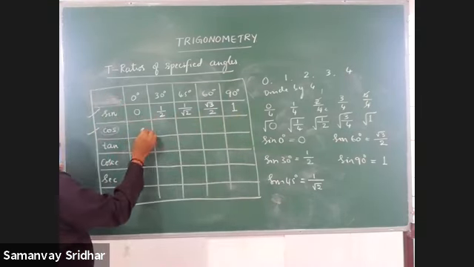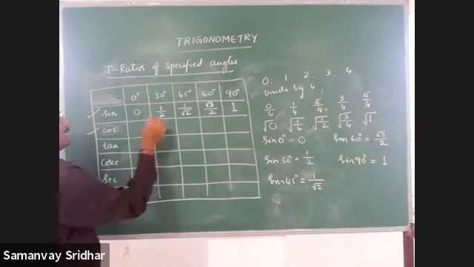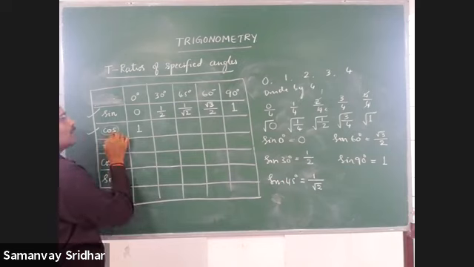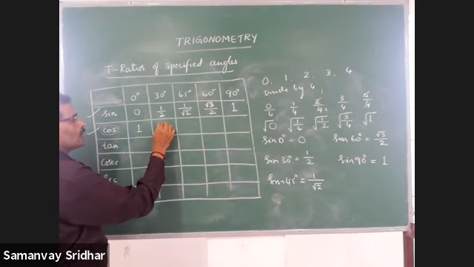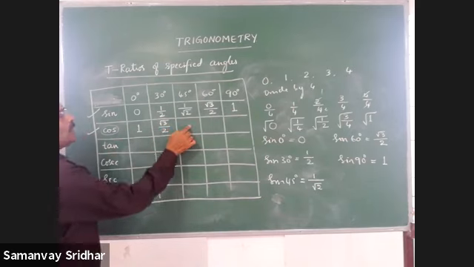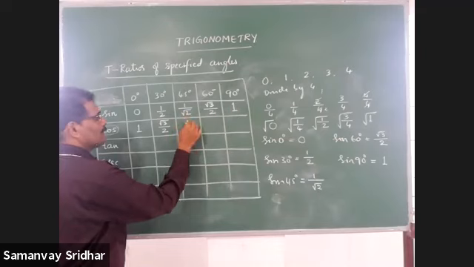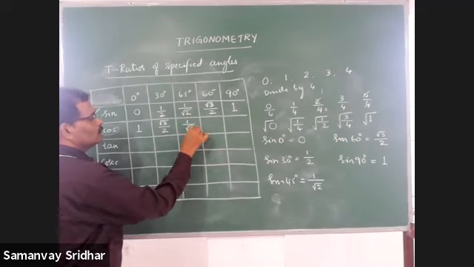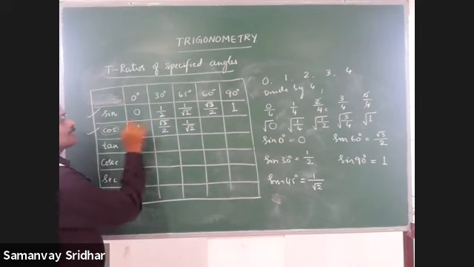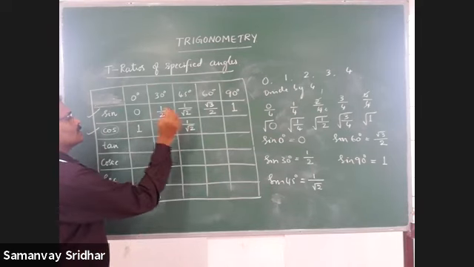That's all. So whatever I got for sine 90, I'll write that for cos 0. Whatever I got for sine 60, root 3 by 2, I'm going to write that for cos 30. For cos 45, from that side, again the same 1 by root 2. Then for cos 60, there is nothing but sine 30.